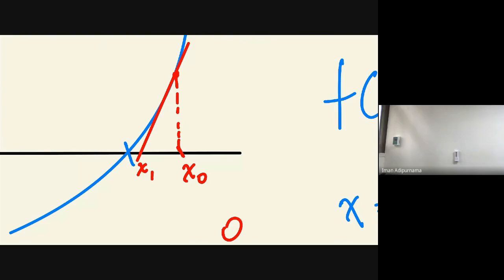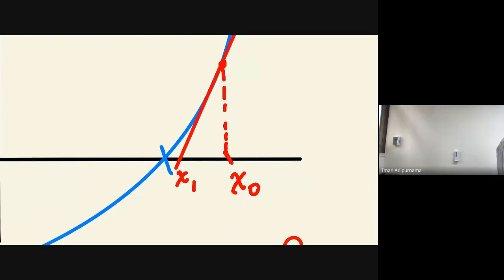Same thing if you go here and then from the x1 get the tangent also. Let me write in a different color. So you can draw from the x1 here, and you can have another tangent here. Maybe it's getting closer, right?